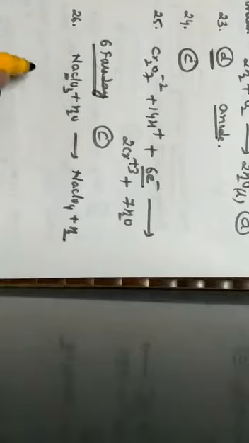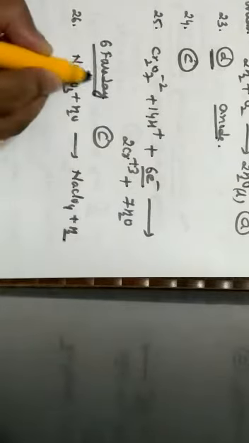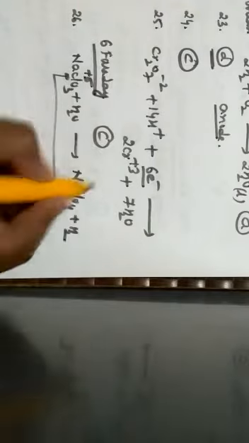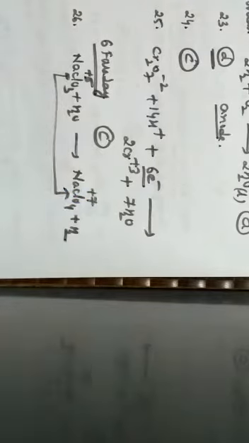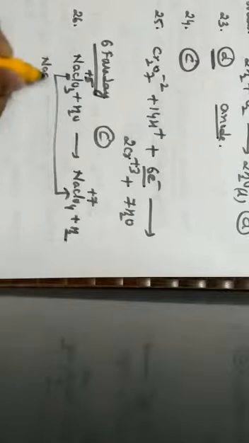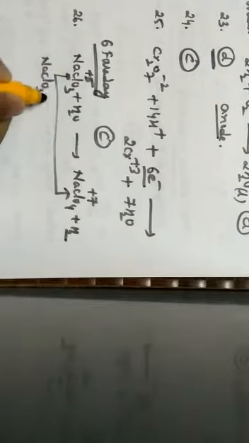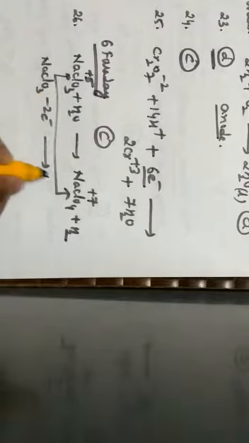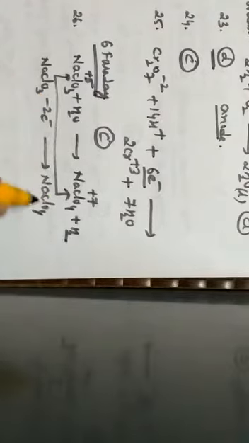When I check the oxidation number of chlorine, it has an oxidation number of plus 5, and in the product it has an oxidation number of plus 7. So here there is a loss of 2 electrons, that is NaClO3 has lost 2 electrons to give NaClO4.